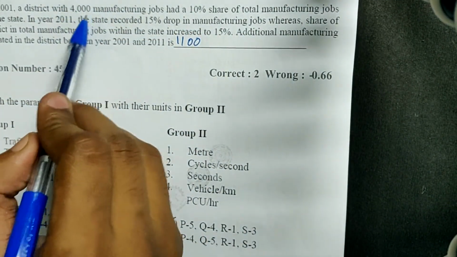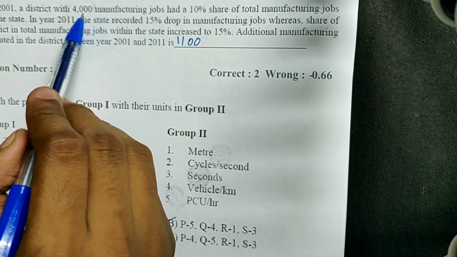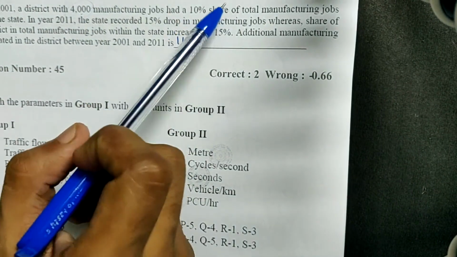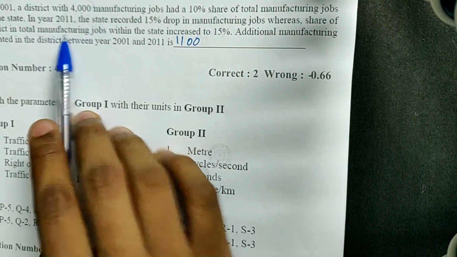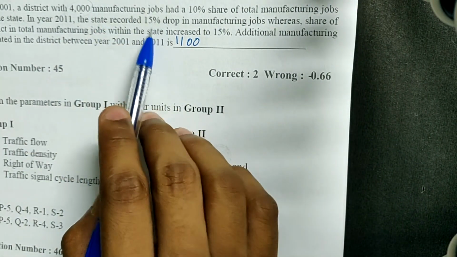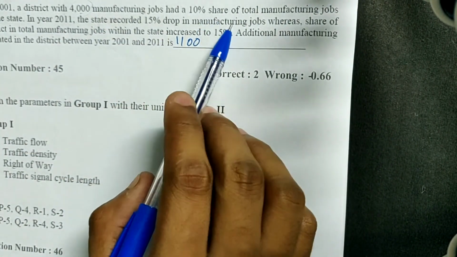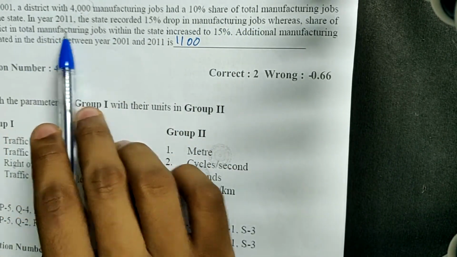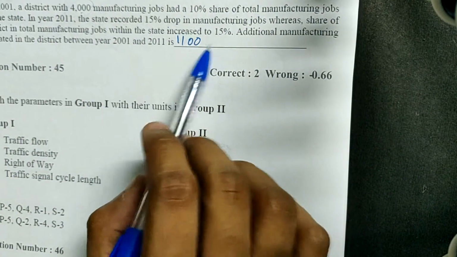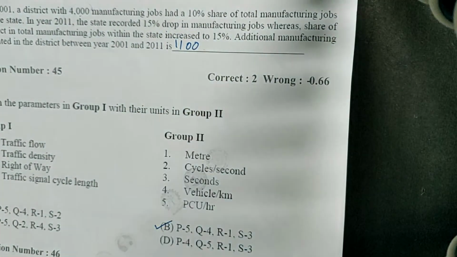So the district had 4,000 manufacturing jobs, which was 10% of the total manufacturing jobs in the state. In 2011, the state recorded a 15% drop in the manufacturing jobs, whereas the share of the district in total manufacturing jobs within the state was increased by 15%.